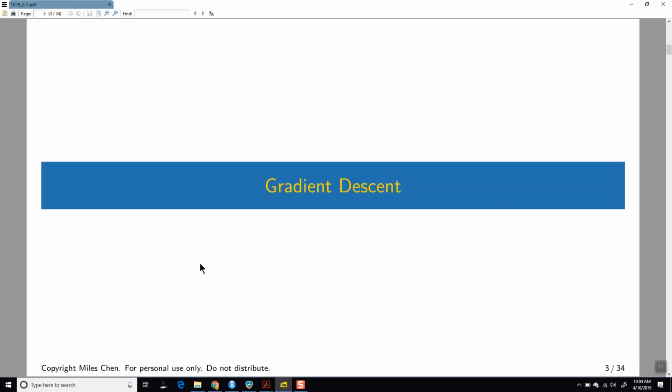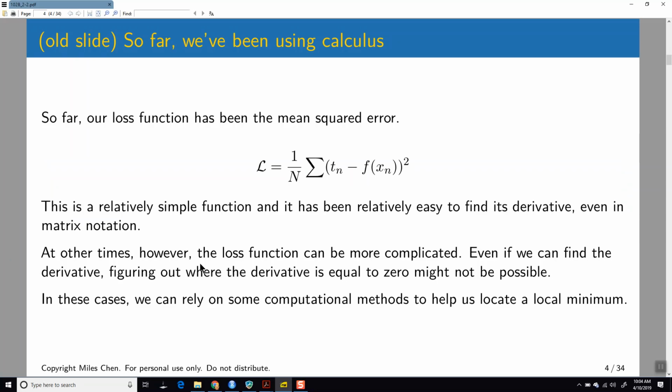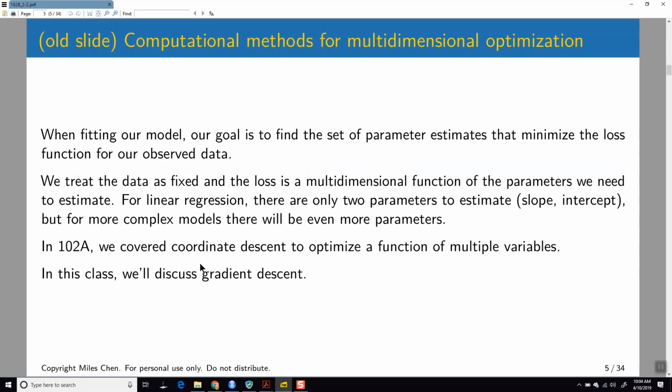Now we're introducing gradient descent as an iterative computational method for finding a local minimum, and it does not require us to solve for where the derivative is equal to 0.